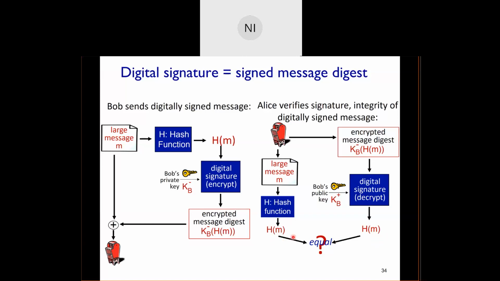If both of them are matching, it means that the message has not been compromised and the digest has indeed been encrypted using Bob's private key. This also ensures that Bob cannot deny at a later point that he has sent that love letter to Alice, so that Alice can take it to the court or to her parents or whatever is the case.